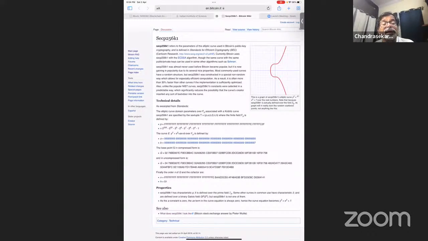Now, in an elliptic curve, the set of all points generates what is known as a cyclic group. There is one point that can act as a generator of all points by repeated addition. Here is that point where my arrow is.